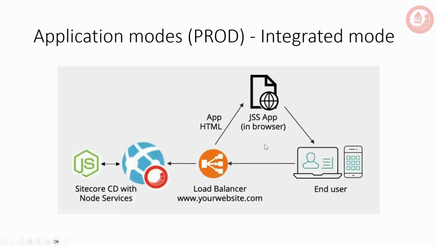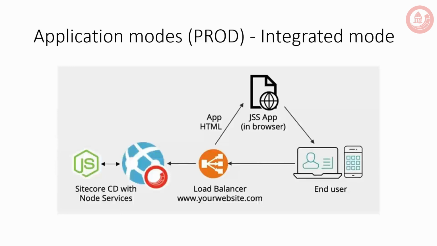This is integrated mode. This is another production deployment. Maybe you don't have that much scaling, and you don't need separate node servers and all. So in this way, integrated mode means everything is similar. You're still going to the CD, like Sitecore MVC and SXA, but your request will be going behind the scenes in the CD. You will have an out-of-process node engine as well.